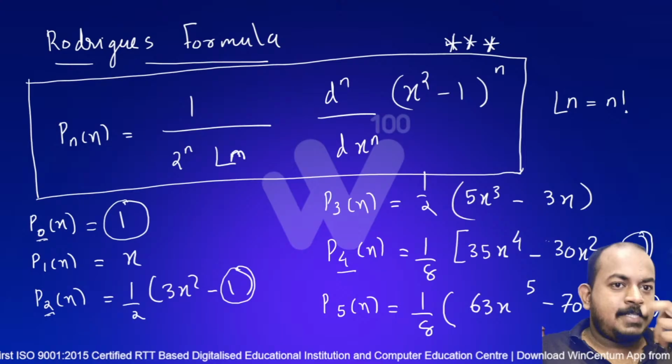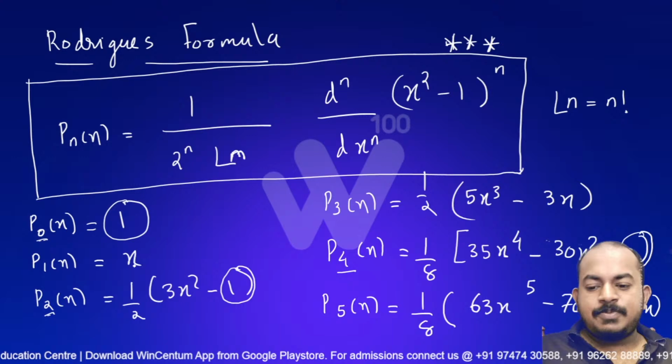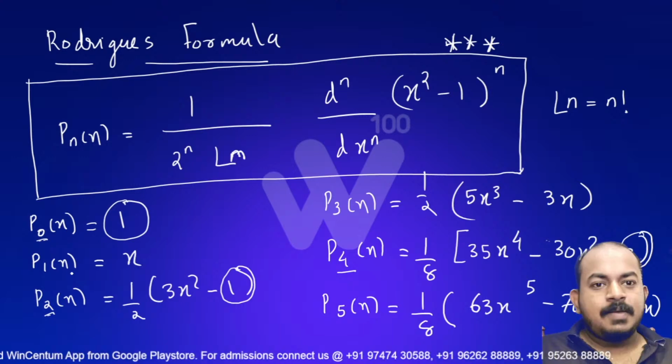And how about the odd ones? It terminates with x. p1 of x, this is an odd one. Here n is 1, here 3, and also we have 5. So these things terminate with x. And p3 of x also terminates with x.